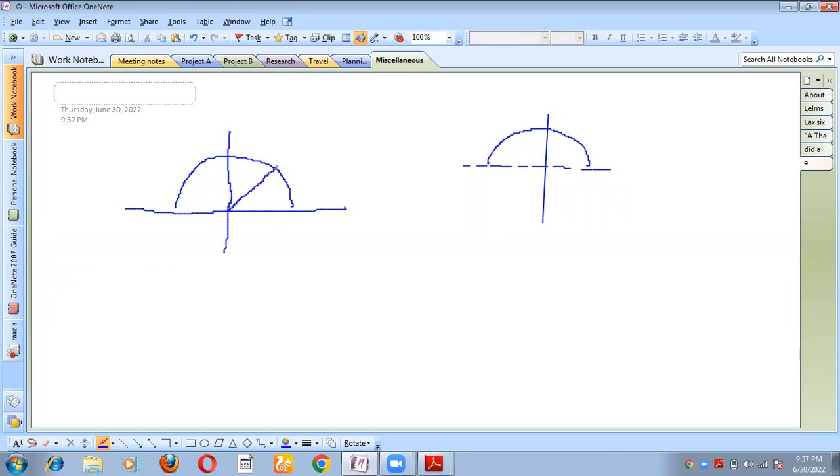This portion is where we have taken theta, and the electric field due to this small element is dE. So this angle will also be theta, and if we consider this as x and this as y, it will have two components. This component is dE cos theta, and this component is dE sin theta.